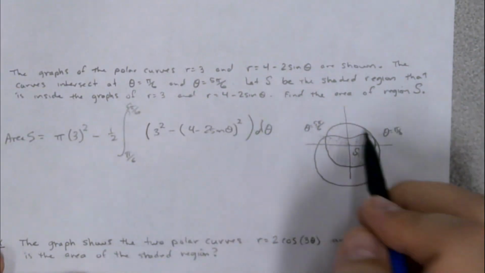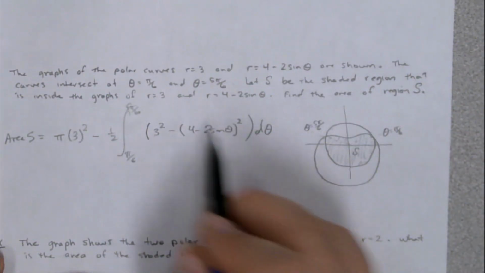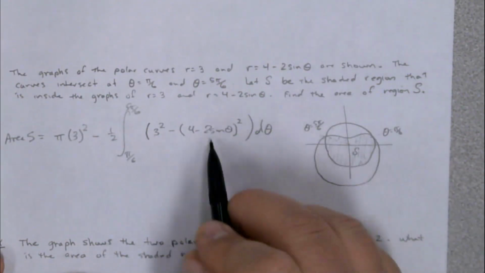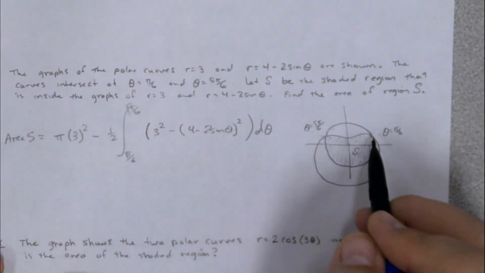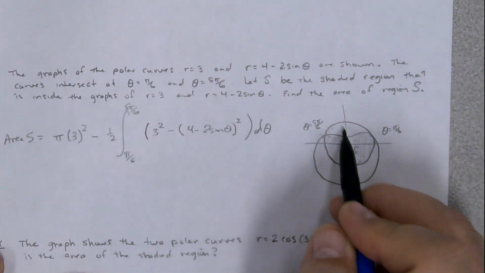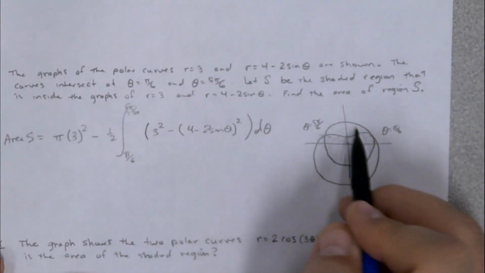R of the circle, R of the shape, the cardioid. The outside minus the inside. That minus that. Because we're finding the area of this piece up here.